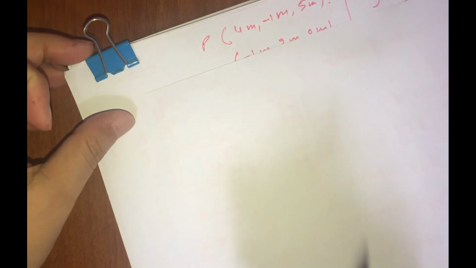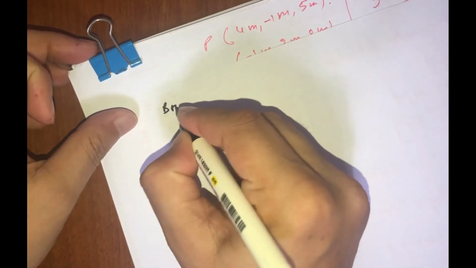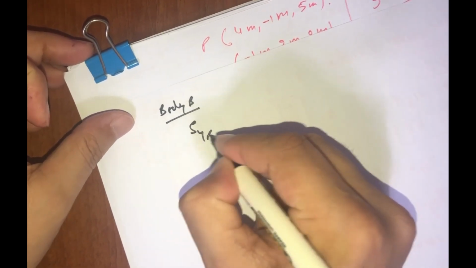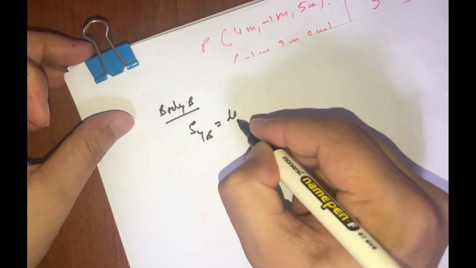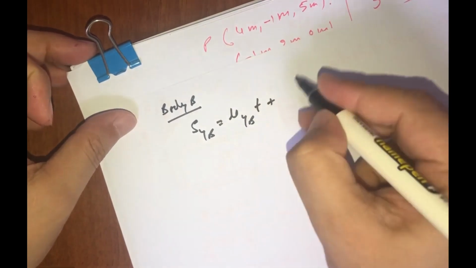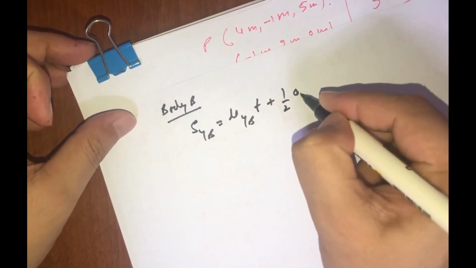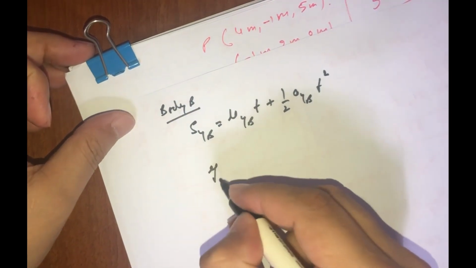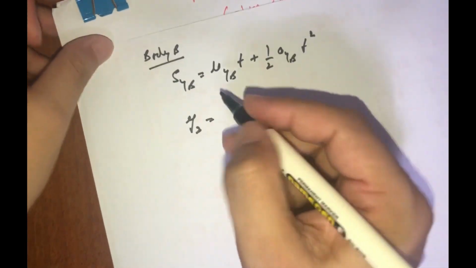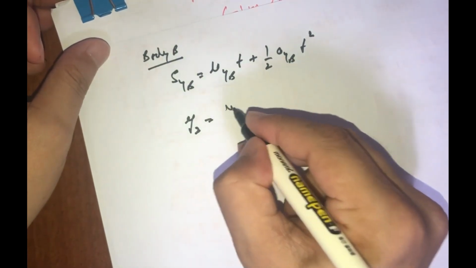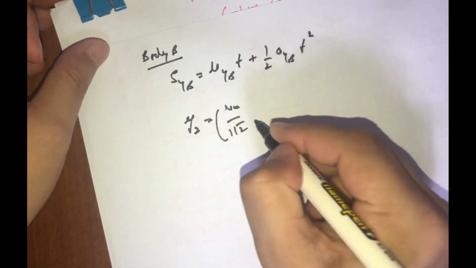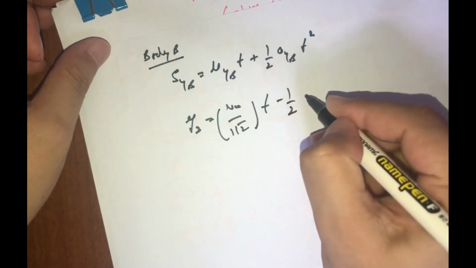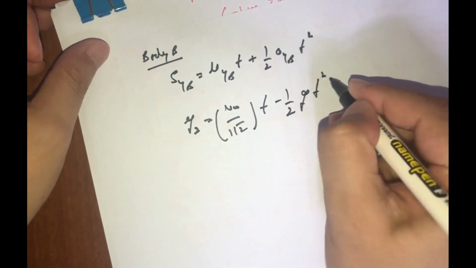Similarly, for body B, we can write S_B = u_B t + half a_B t squared. So we can get this as y2 = V0 root 2 t minus 1/2 g t squared.